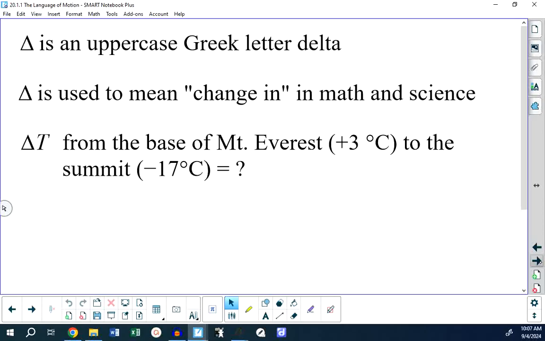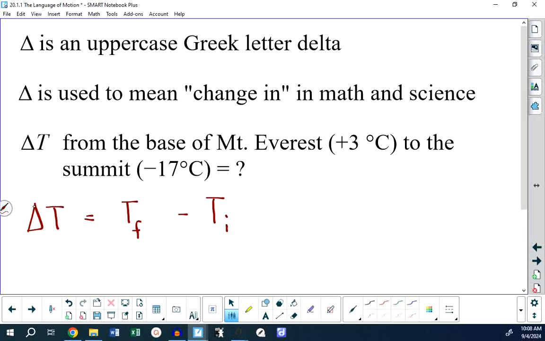And here's how you get the right answer always with delta. Delta is always the final minus the initial. Always. Now, you'll get to physics 30, and there's one exception to that, but we want to avoid that.